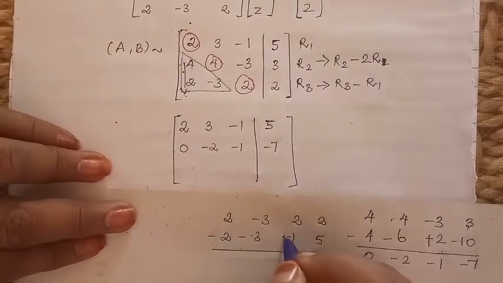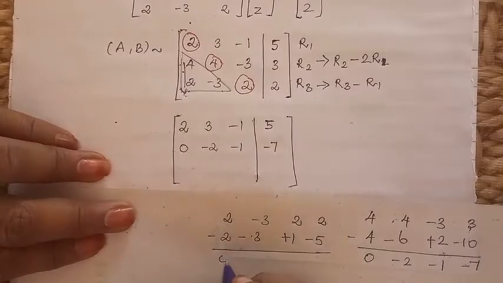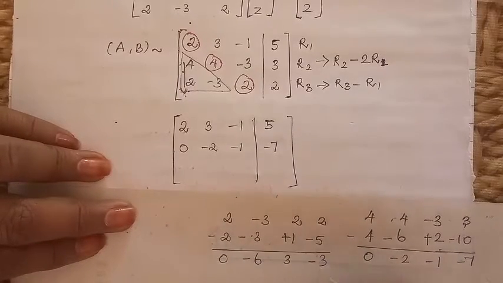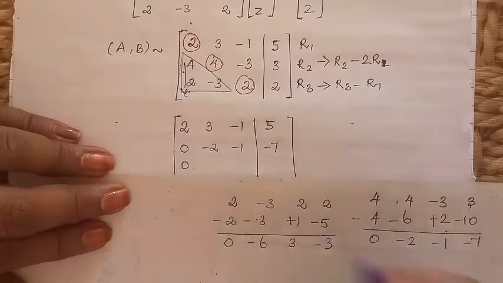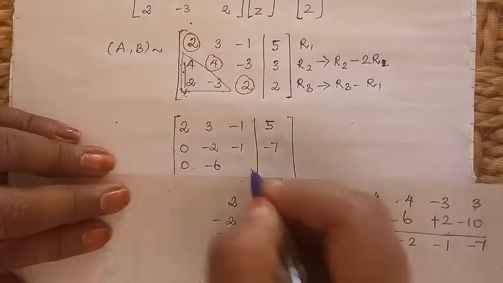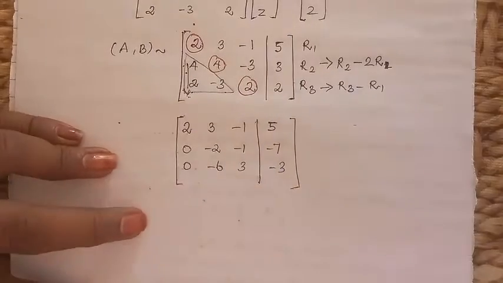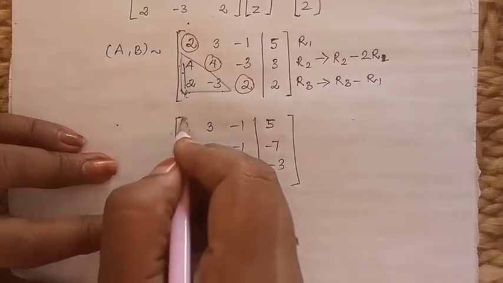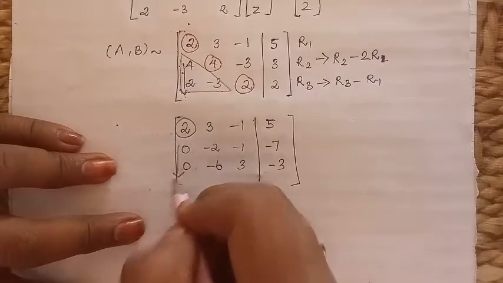Put a minus, change the sign before the number, which will become 0, minus 6, 3 and minus 3. You can write this in the matrix: 0, minus 6, 3 and minus 3. So now we have achieved our target, that is, we have made the elements below the first diagonal 0.